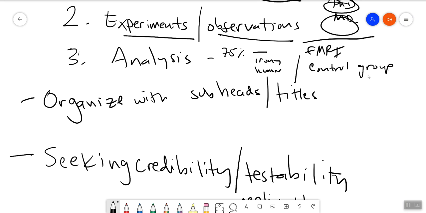Now controls in scientific experiments, I'm sure you've probably talked about these before, but a control group is really crucial in most scientific projects because if I have, let's say, demographic X, and these are our sociopaths, I would have to then have a control group who aren't sociopaths.